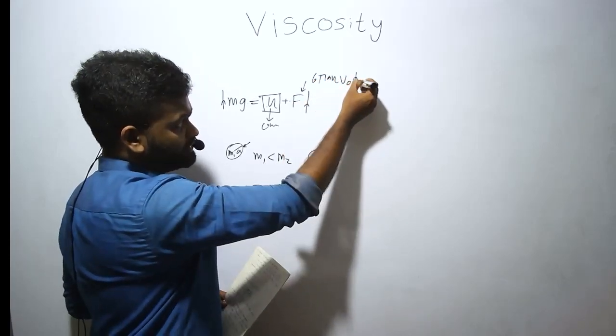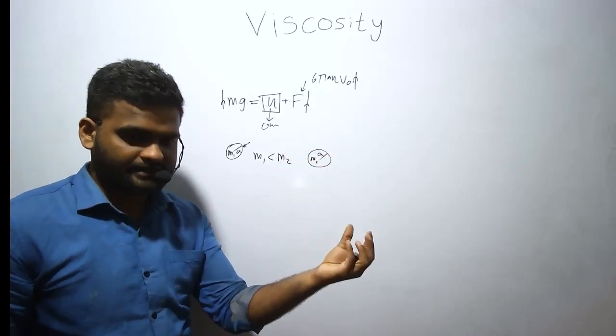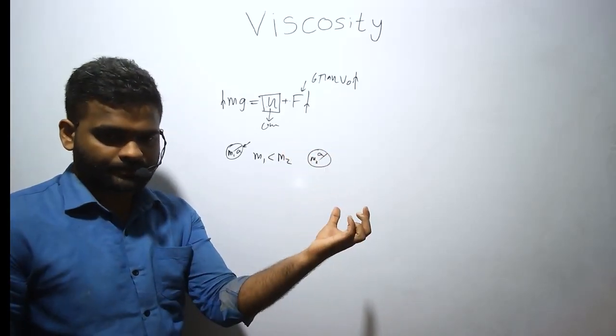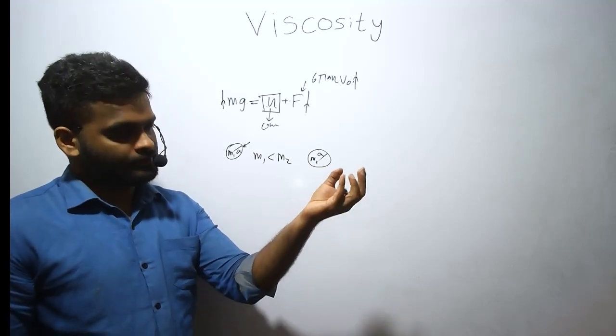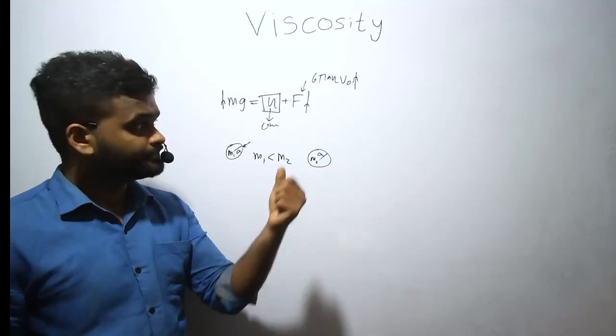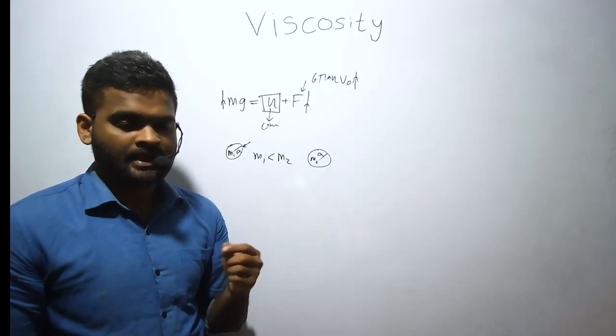Higher force means v naught is higher. So if you compare two spheres with the same volume and one has a higher mass, it has a higher terminal velocity.